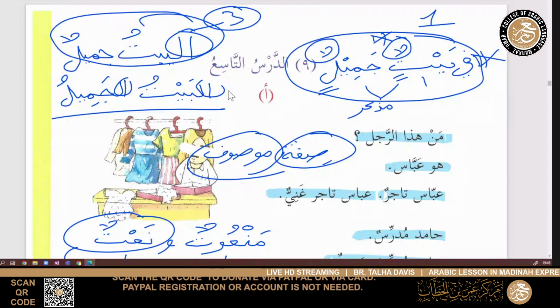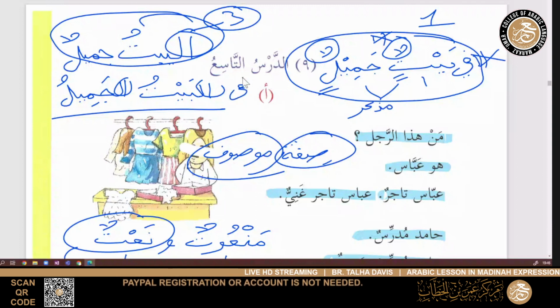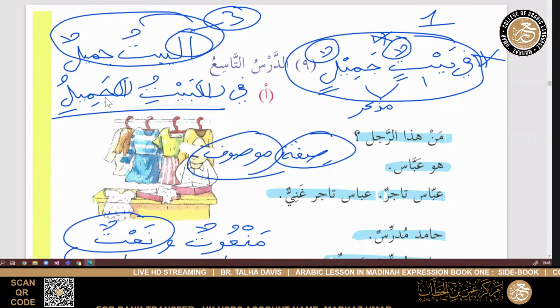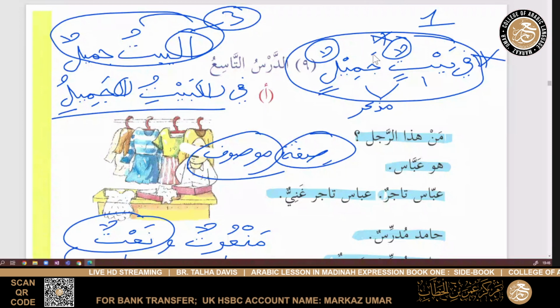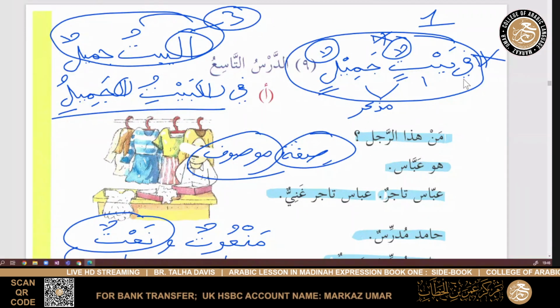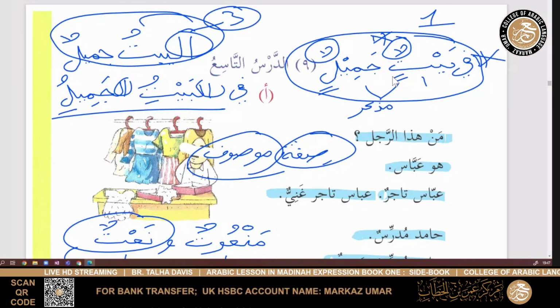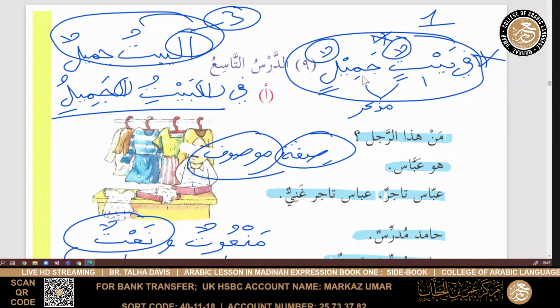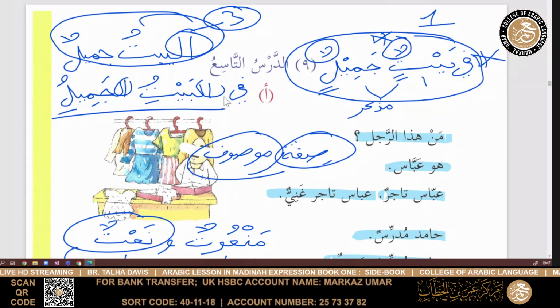The next one, you can say fil bayti al-jamili. So you could say, Aina Aishatu, where is Aisha? Hiya fil bayti al-jamili. She's in the beautiful house. This one is in a beautiful house, and this one is in the beautiful house.